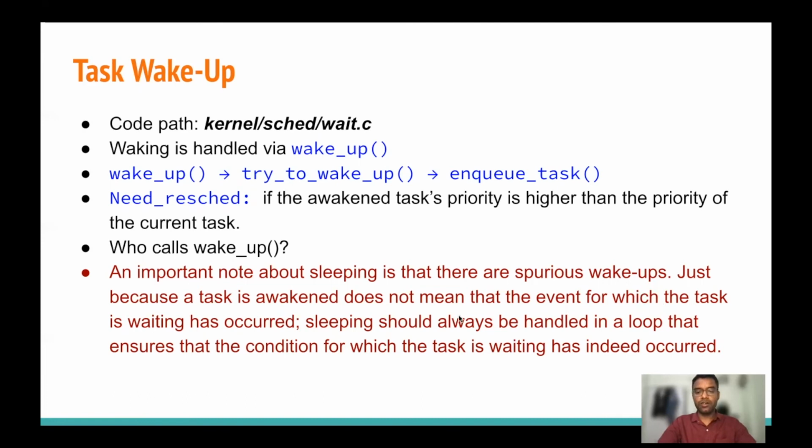So the waiting of processes should be implemented in a for loop, so that it constantly checks in the wait loop whether the event has occurred or not. It has to wake up only when the event has occurred for which it was waiting.